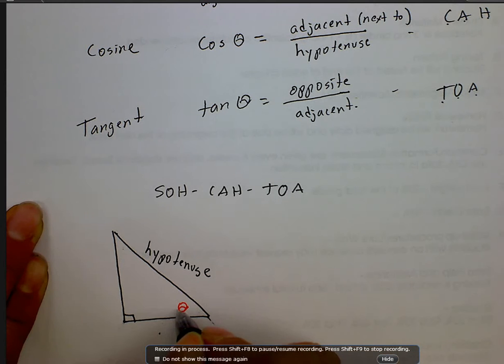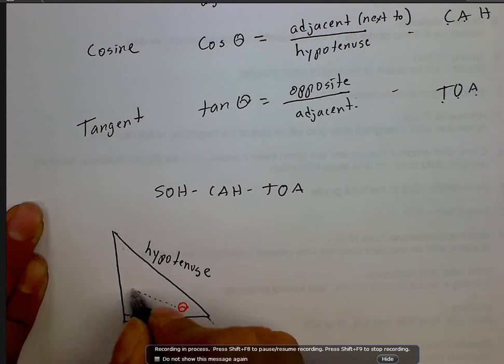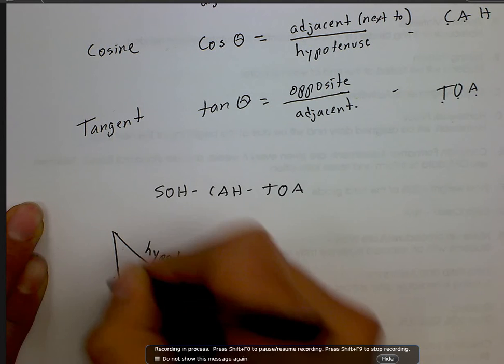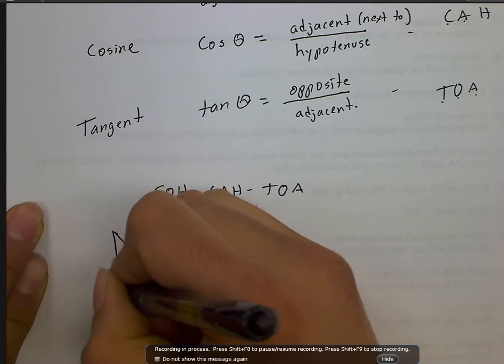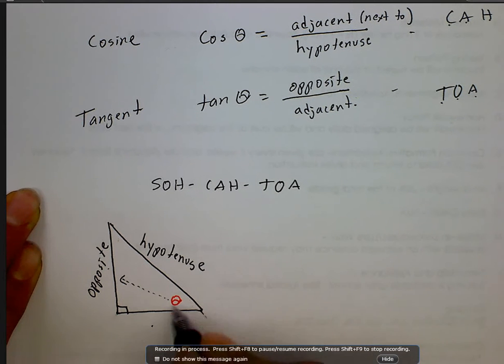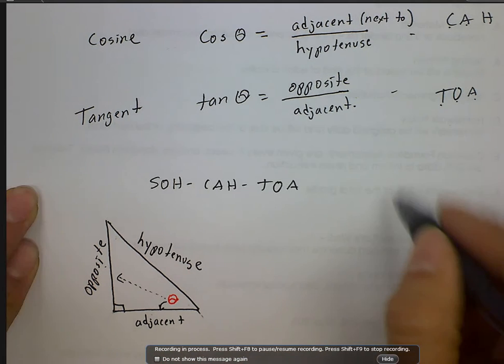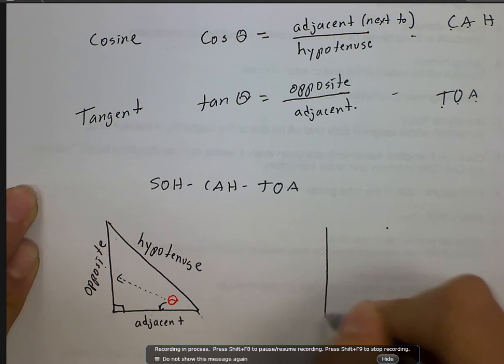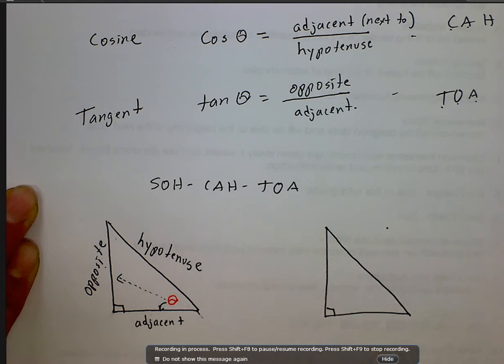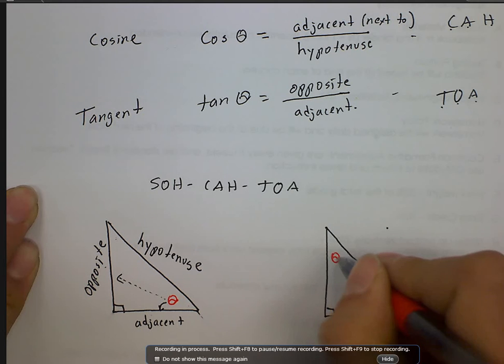If the angle is right here, the side across from it is called the opposite. And the side that is next to it, this one right here, is called the adjacent. Now on this one, let's do the same thing, but the angle is at a different position. So here's my angle now, so you can see the difference.